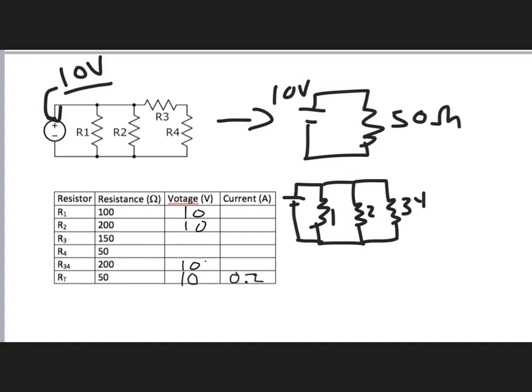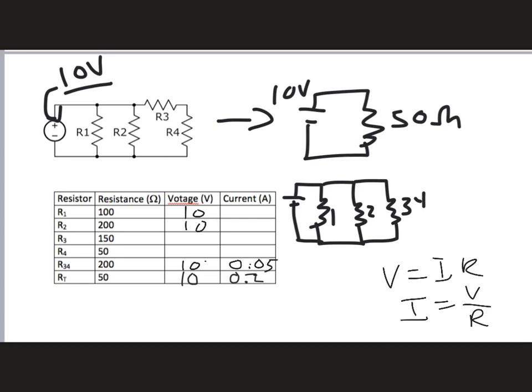And when I apply Ohm's law, V is equal to IR, and I solve for the current, I is equal to V over R, I can solve for these currents. And so for R34, I get 10 divided by 200, and that gives me 0.05.